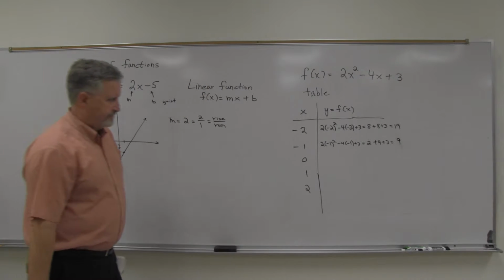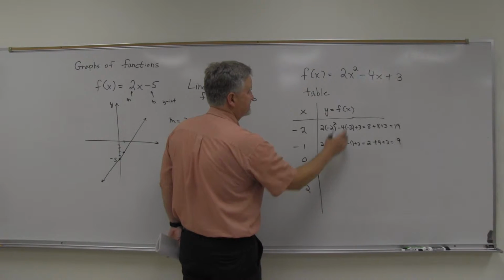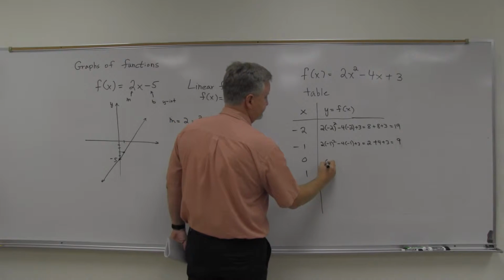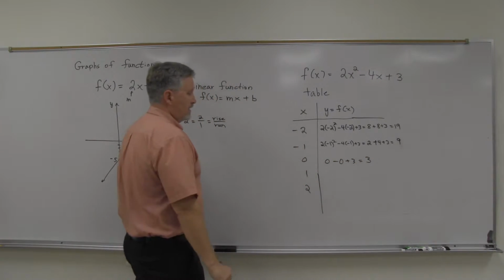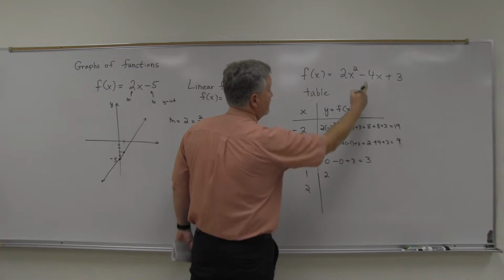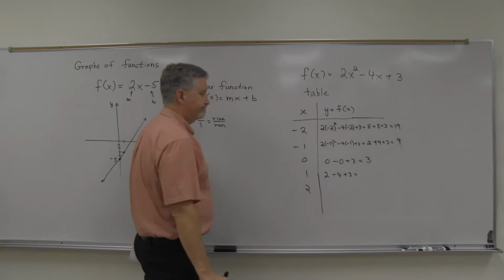Then the positive ones get easier. 0 gets easier. If you plug in 0, x is 0, so those both are 0. 3 left, so you got 3. And then x is 1. Well, it's 2 times 1 minus 4 times 1 plus 3, so you got 1.